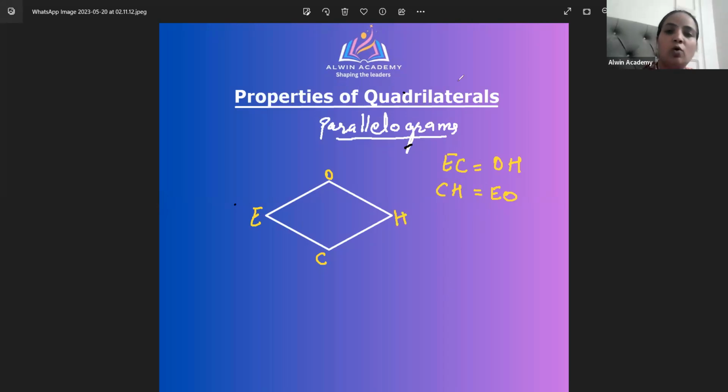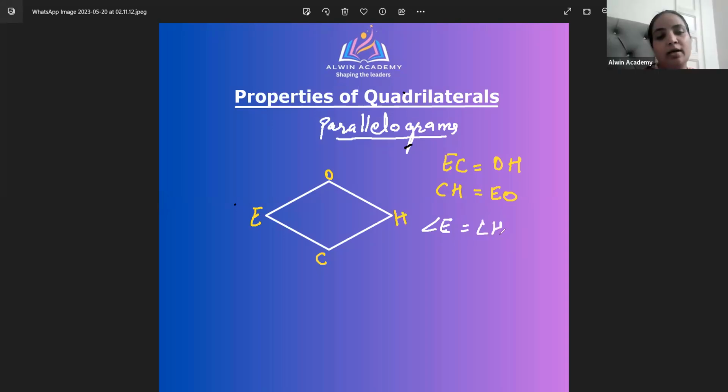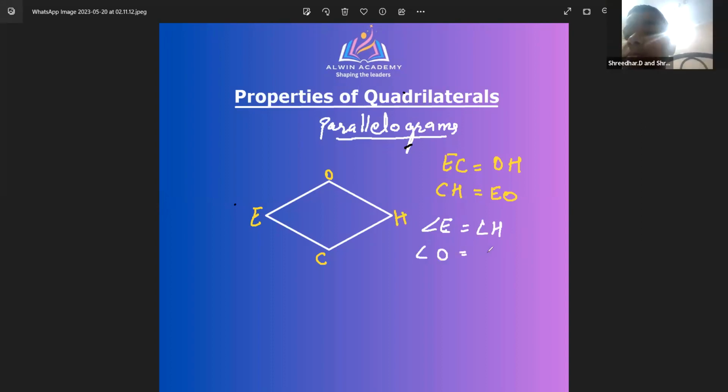Now when I say opposite angles of a parallelogram are equal, what will be equal to angle E? Angle H would be equal. Angle E equals angle H. And angle O equals? Angle C. Very good.